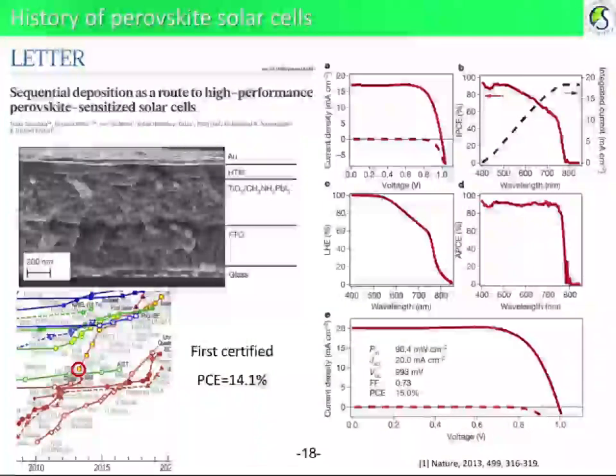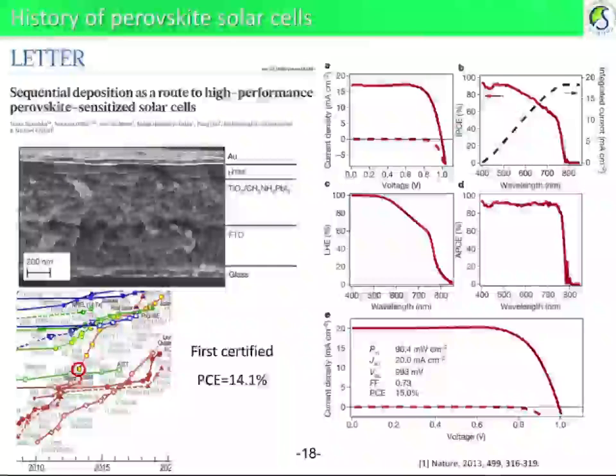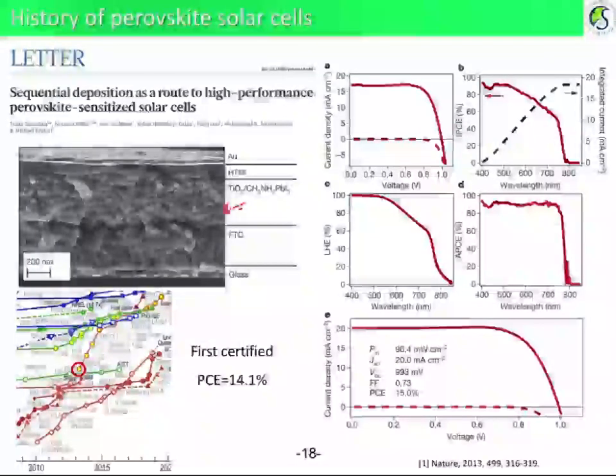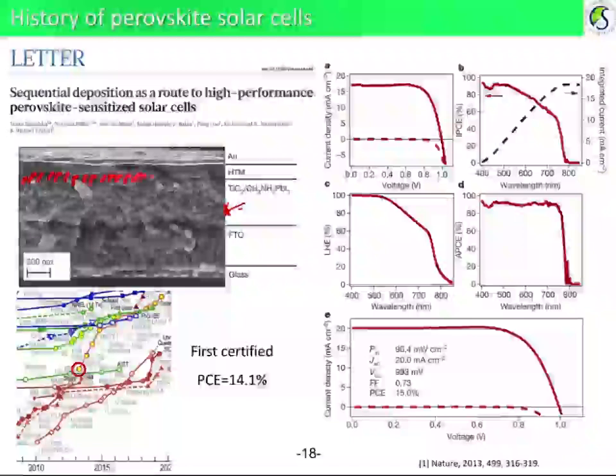Based on this understanding of the material property, people tried different kinds of device structures. In this structure, they used the mesoscopic device structure, where the perovskite is still deposited on the titanium dioxide layer, but it forms a thin capping layer on top of the mesoporous layer.